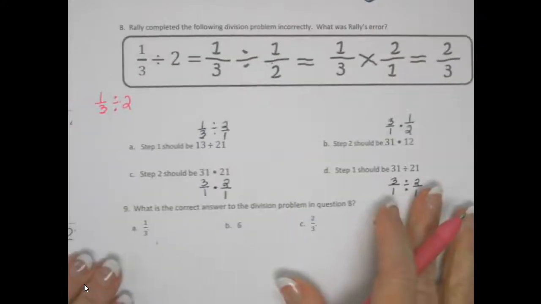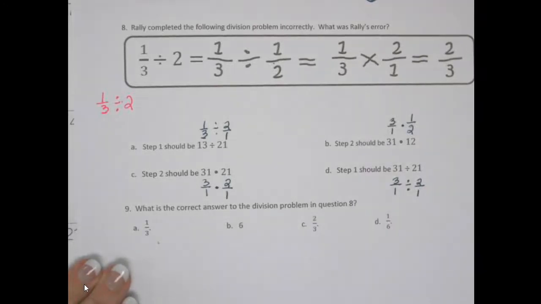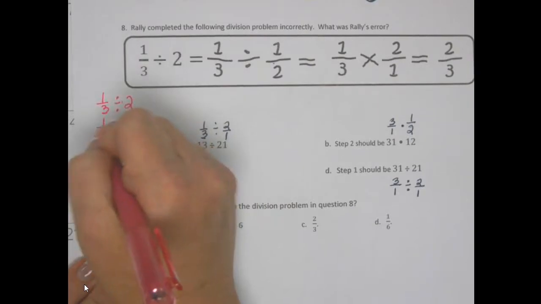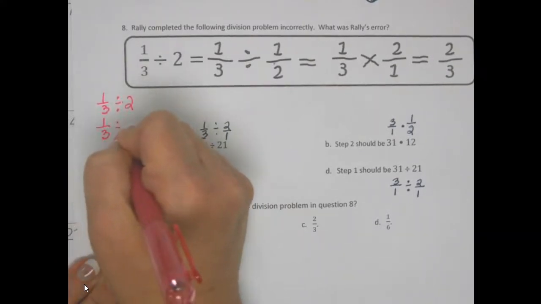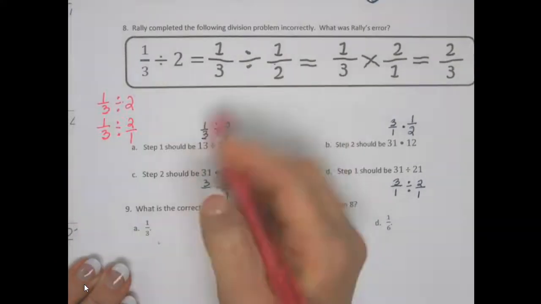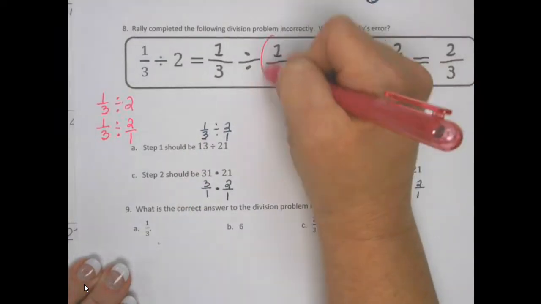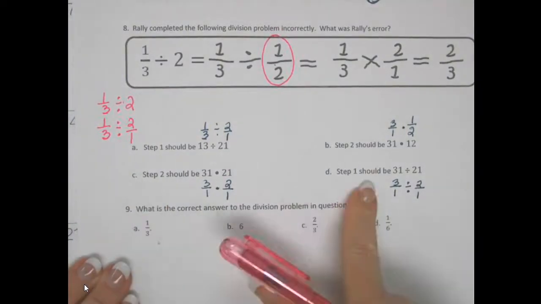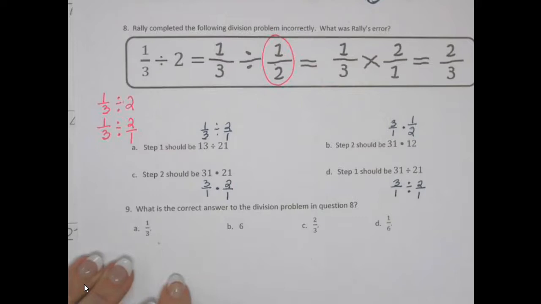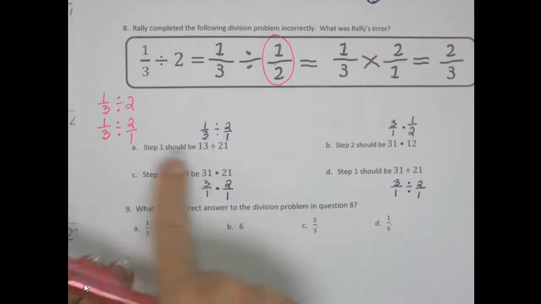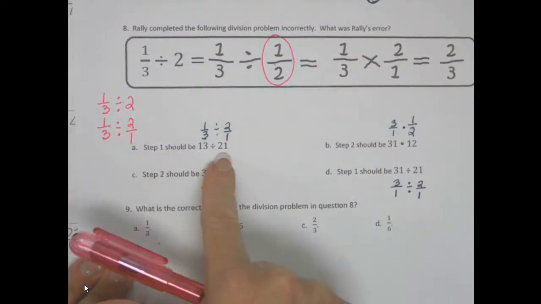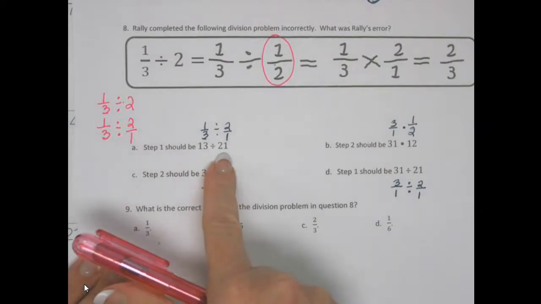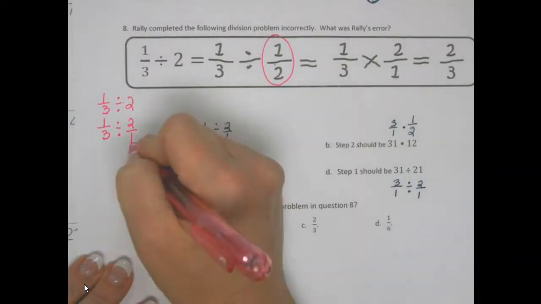The first thing I need to do is put the 2 into a fraction. 1/3 divided by 2 over 1. Did he do that? No. So step 1 should be 1/3 divided by 2 over 1. So my answer is A.